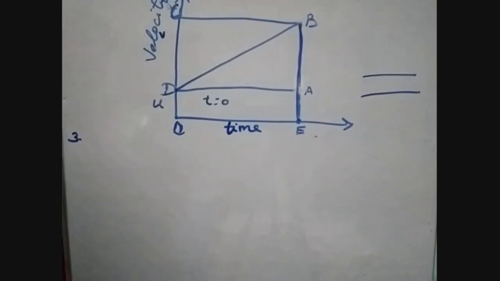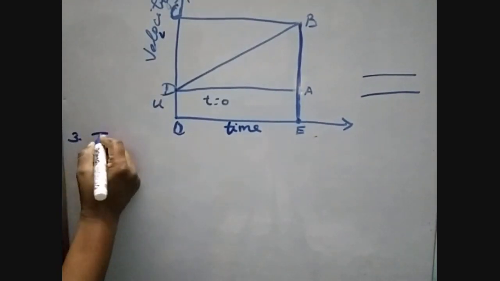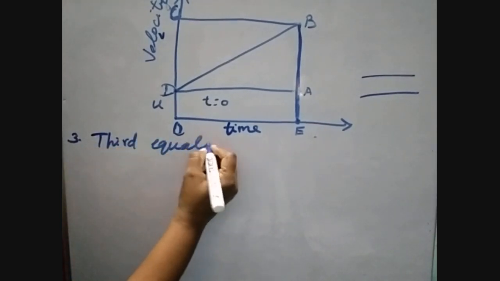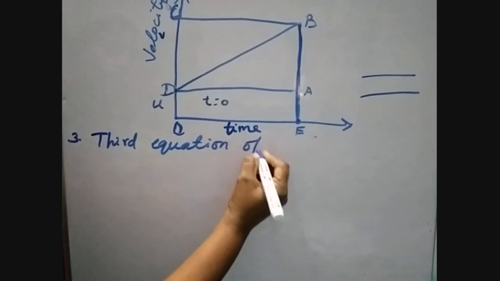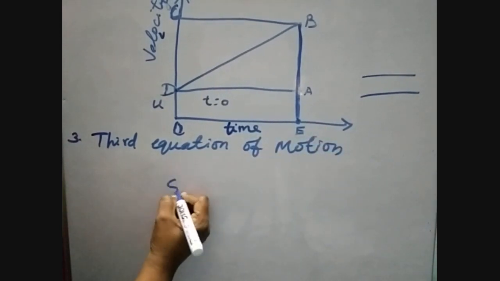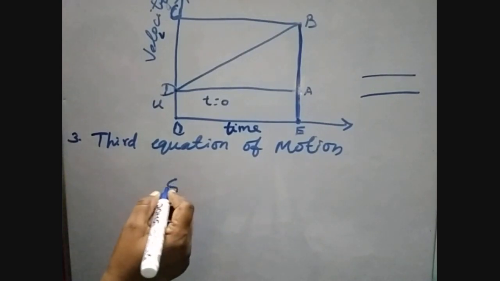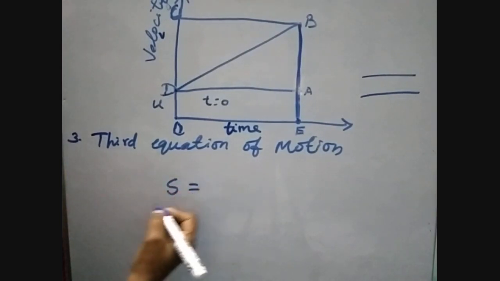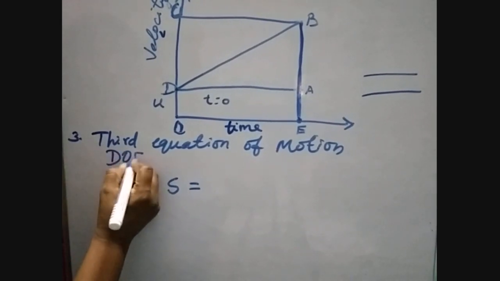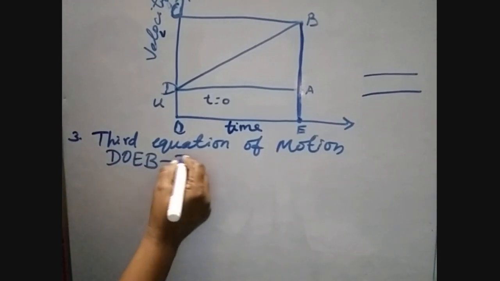Now we are moving on to the third equation of motion. S is the distance covered by the object, which is given by the area of a trapezium. Take DOEB as a trapezium.